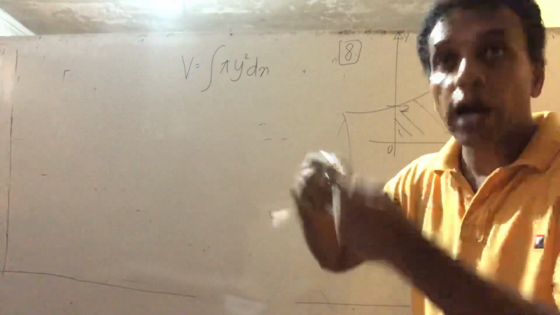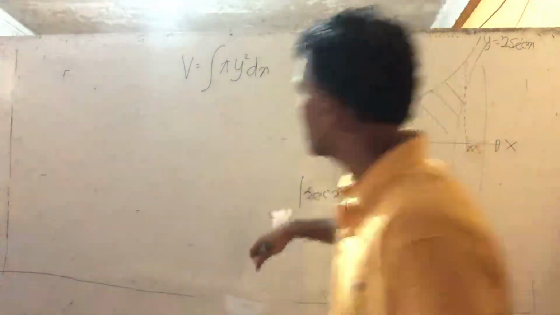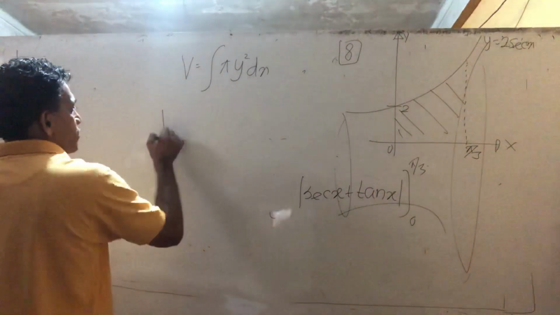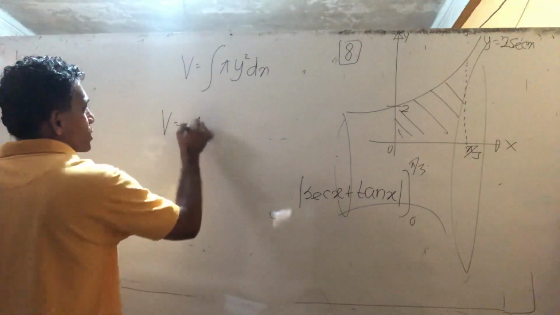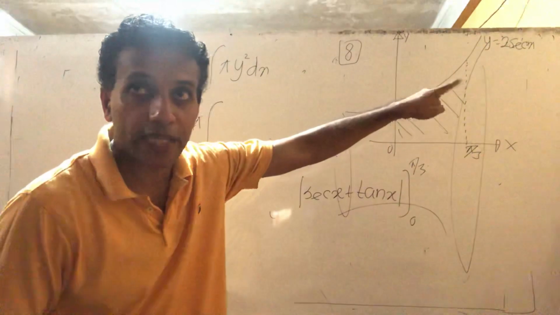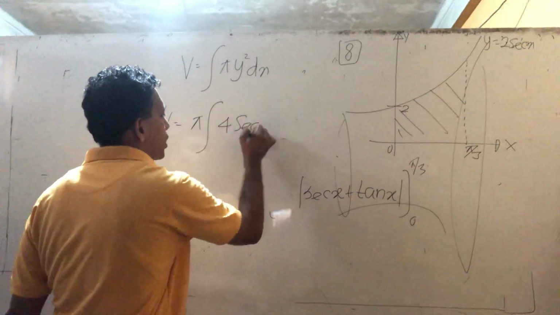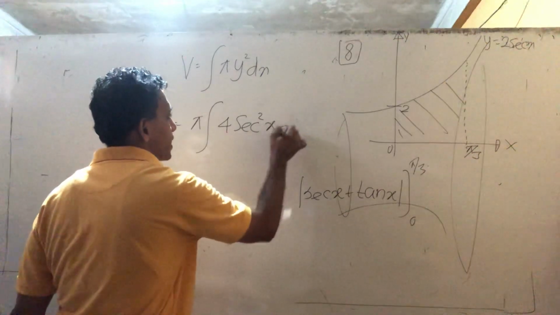You need the square of that, integrated with respect to x. So pi is a constant. What is y squared? y is 2 sec x, squared it is 4 sec squared x dx.